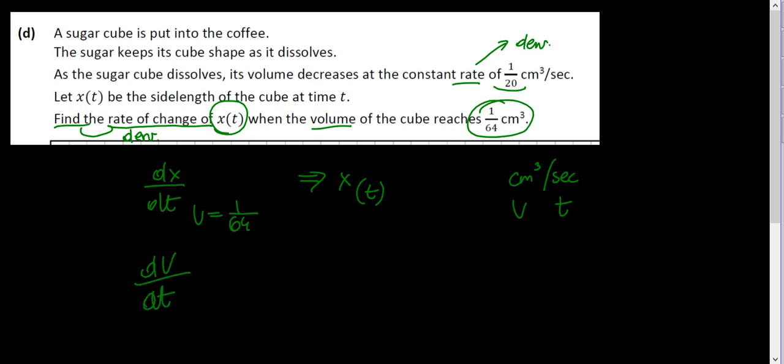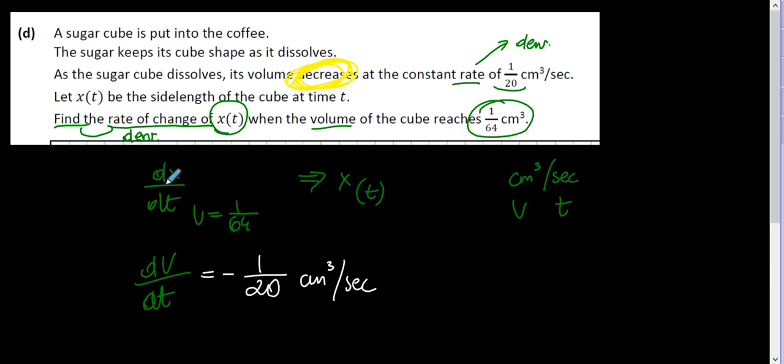And that's why I said the word decreasing is important, because that means the value of it is minus 1/20 centimeters cubed per second. And believe me, it's easy to overlook it.